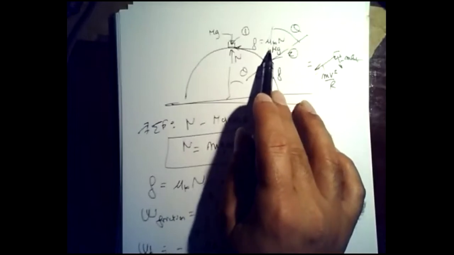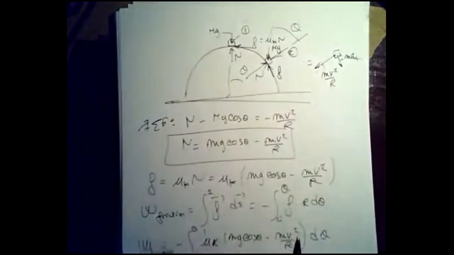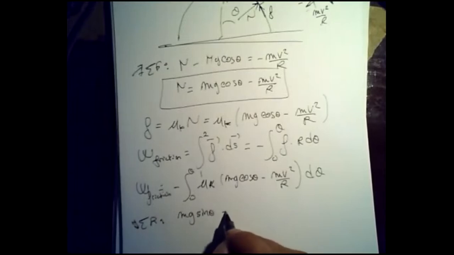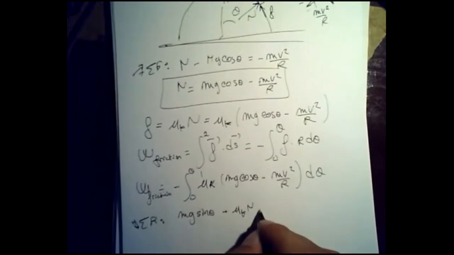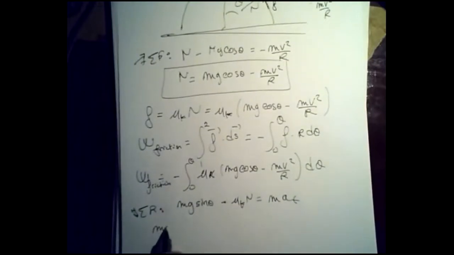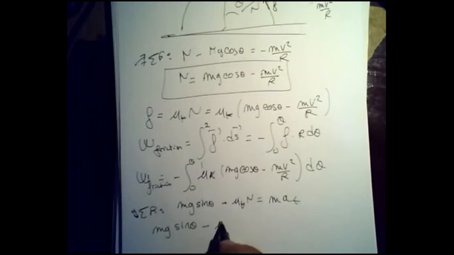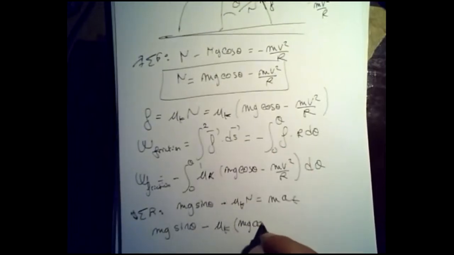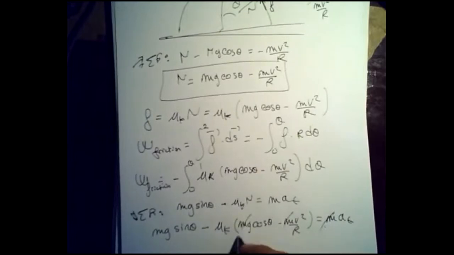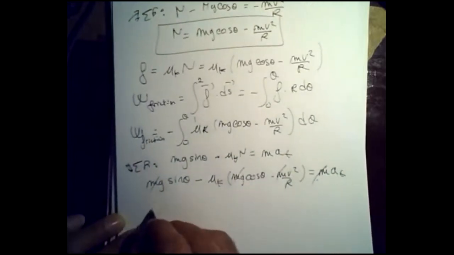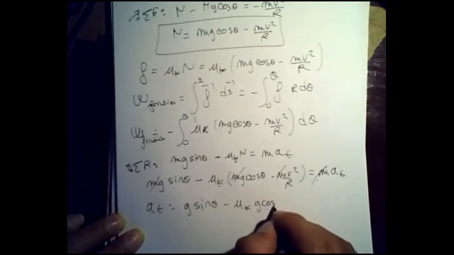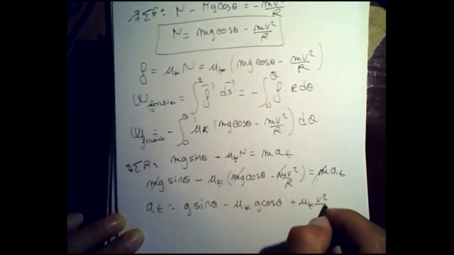So mg sine theta minus F, which is mu k times N, is equal to m AT. I'm going to replace this by what we have: mg sine theta minus mu k times mg cosine theta minus mv squared over r is equal to m AT. I'm going to knock down the m's, and ultimately AT is equal to g sine theta minus mu k g cosine theta plus mu k v squared over r.